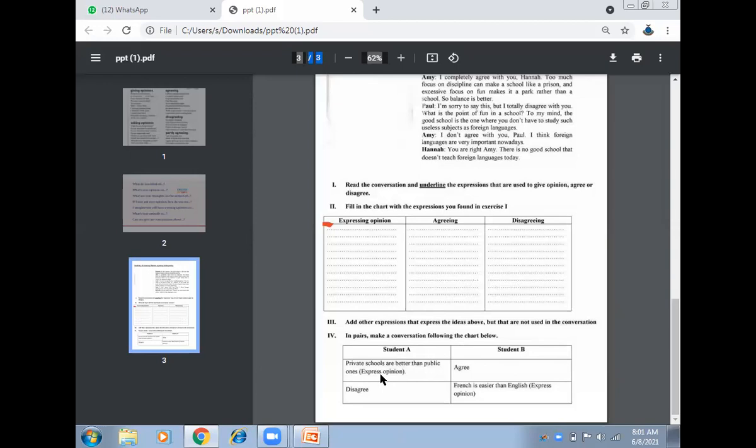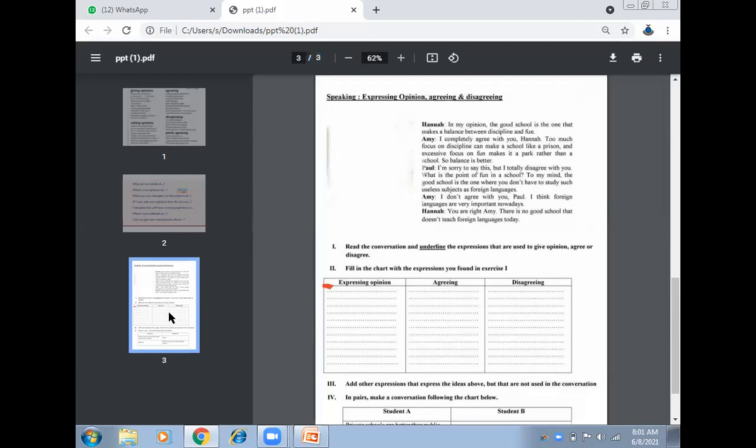Now you have to express your opinion. And here student B is going to agree, so he has to use expressions that show he agrees that private schools are better than public ones. And the second one, can you read the second part because I cannot see it? Yes, ma'am. He's saying that French is easier than English.